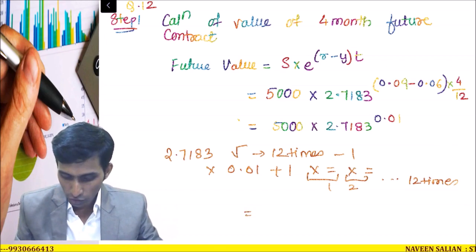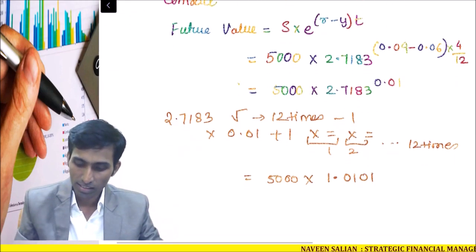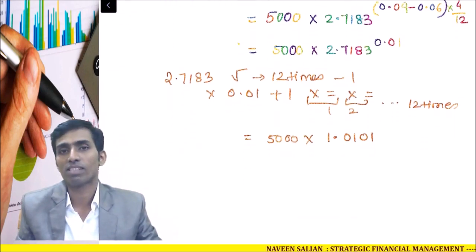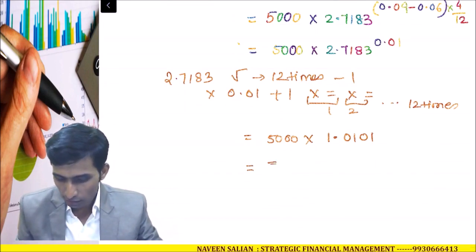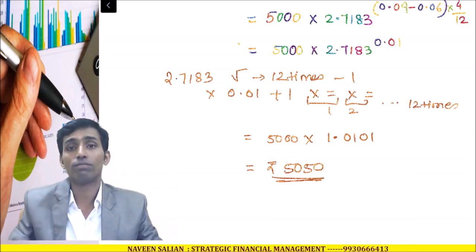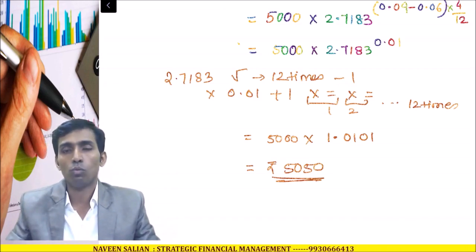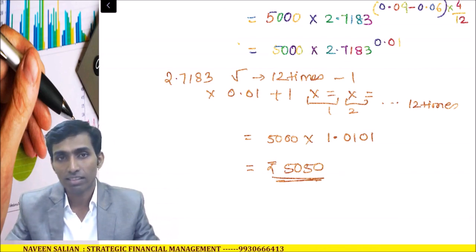So it is equal to 5000 into what you will get, which is 1.0101 something. This is your answer. When you multiply this, the future value is rupees 5050. So what we have calculated is the price of the future contract.